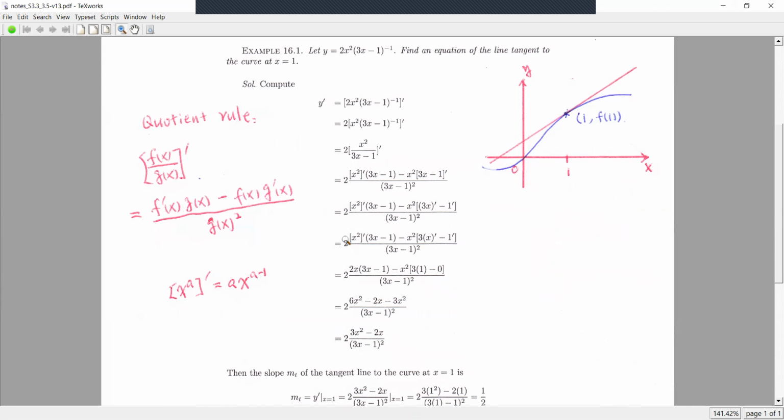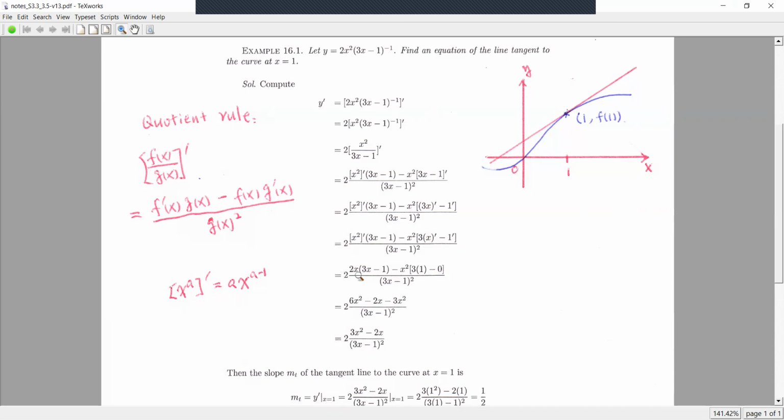Now, the derivative of x squared by the formula for power function is 2x. The derivative of x is 1. The derivative of the constant 1 is 0. Then we have this equation.